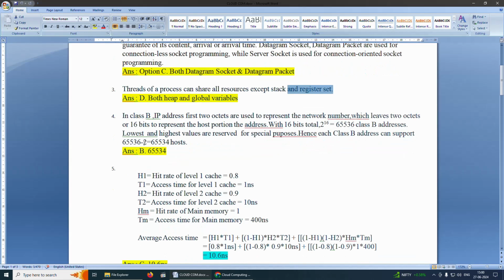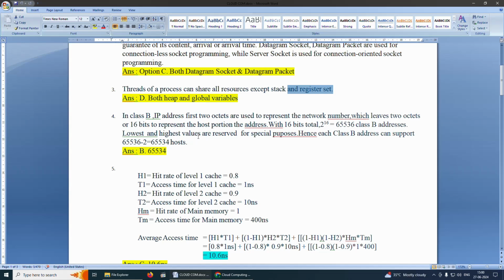In class B, IP addresses' first two octets are used to represent the network number, which leaves 2 octets or 16 bits to represent the host portion of the address. With 16 bits, total 2 power 16 equal to 65,536 class B addresses.